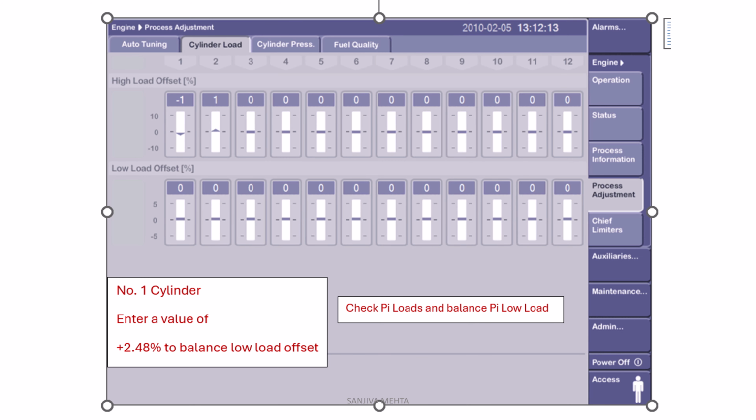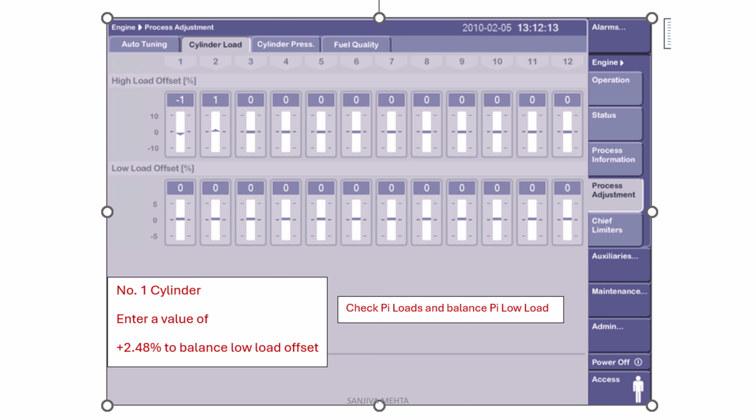Low load offset: here the offset available is minus 5 to plus 5. So in this case, 2.48%, you increase the number one unit. Indicator pressure is balanced. Now you can check again and see whether all are the same or require adjustment.